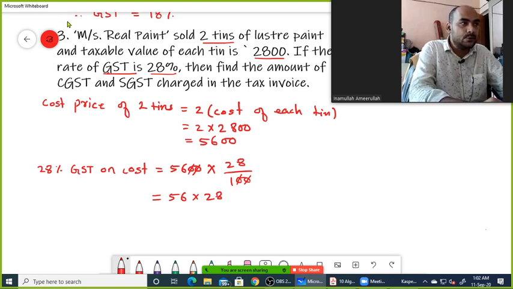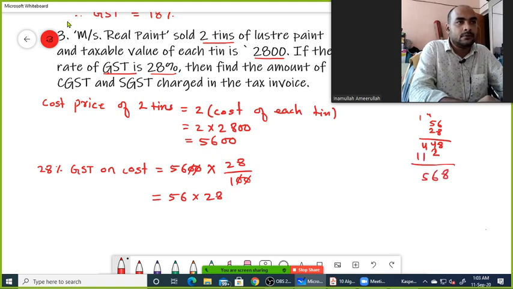We can do it here. 56 and 28. So it is 1568. That is, 1568 is total GST amount.